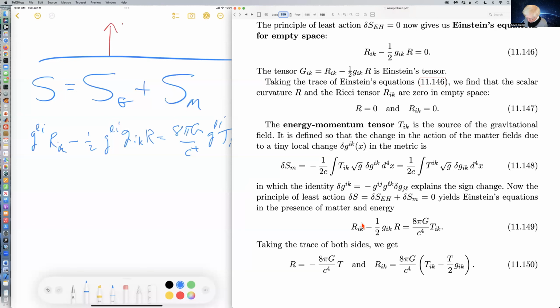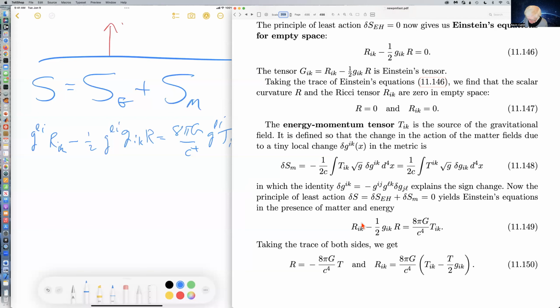And so this is then R^l_K. And now this is going to be minus a half delta^l_K R equals 8 pi G over c to the fourth, and this thing here we can call T^l_K.